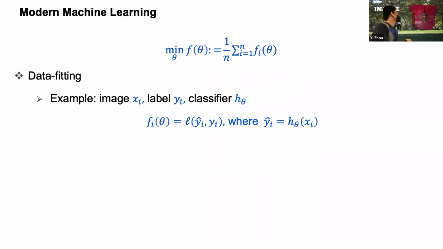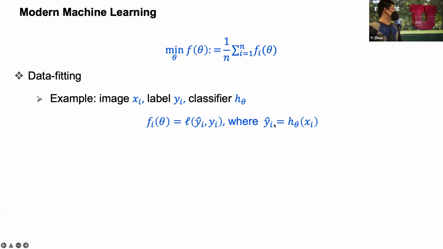process. For example, consider an image classification application where we have an image x_i and its corresponding label y_i. We want to train a classifier h that is parameterized by theta. In this case, we input the image to the classifier h, and then we will receive a predicted output y_i hat.